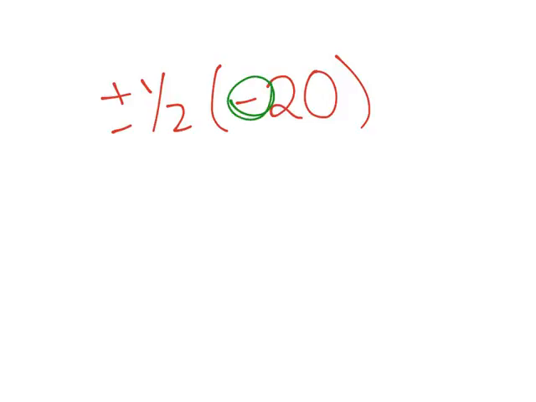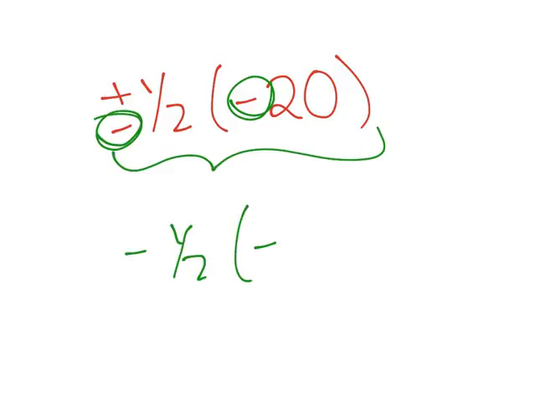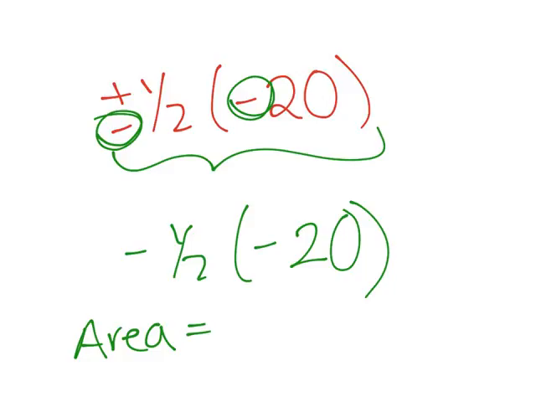So we have plus minus 1/2 times negative 20. Since we have a negative right here, we want to get a result that is positive, so we will take the negative 1/2. So this is actually negative 1/2 times negative 20. If we multiply them, we get that our area is equal to 10 units.